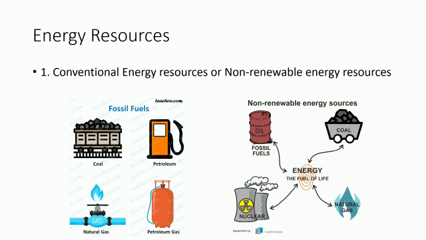If these resources are used once, you cannot use them again. We cannot replenish these resources. Replenish means to build up or restore. Wood also cannot be replenished easily. Once the wood is used, you cannot use it again.